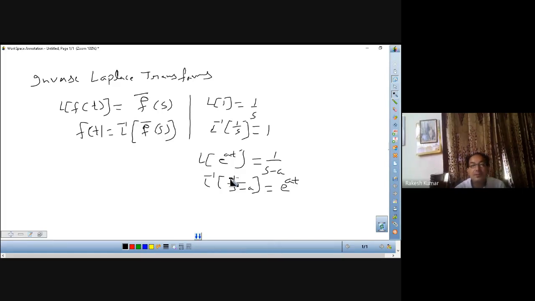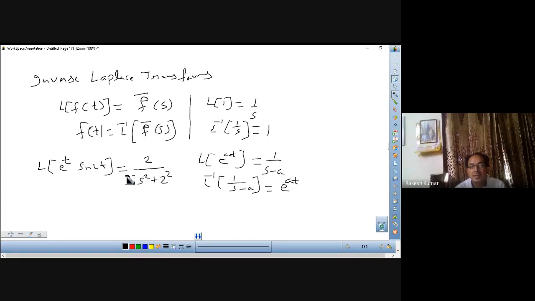Similarly, this can also be used for change of scale, first shifting theorem. You see, Laplace of e raised to power t and sine 2t, we can find out with the help of the first shifting theorem. For this, we need to find out the Laplace of sine 2t. And the Laplace of sine 2t is 2 upon s square plus 2 square.